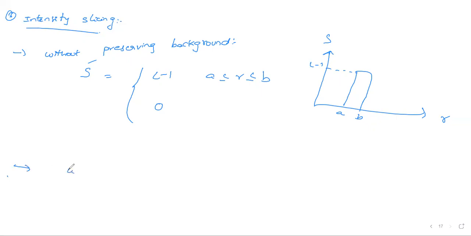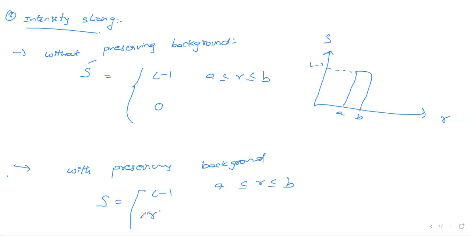Second one is with preserving background. It is given as s is equal to L minus 1 in the range, and the remaining time the original image only. We don't put 0, that is the difference.